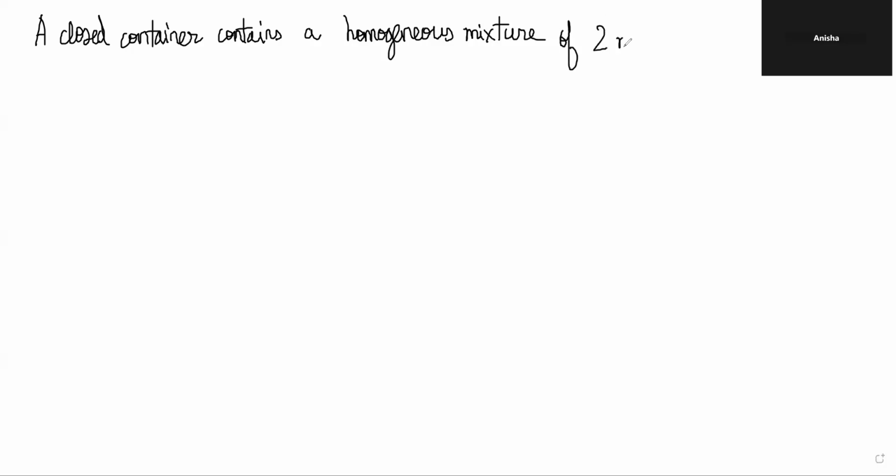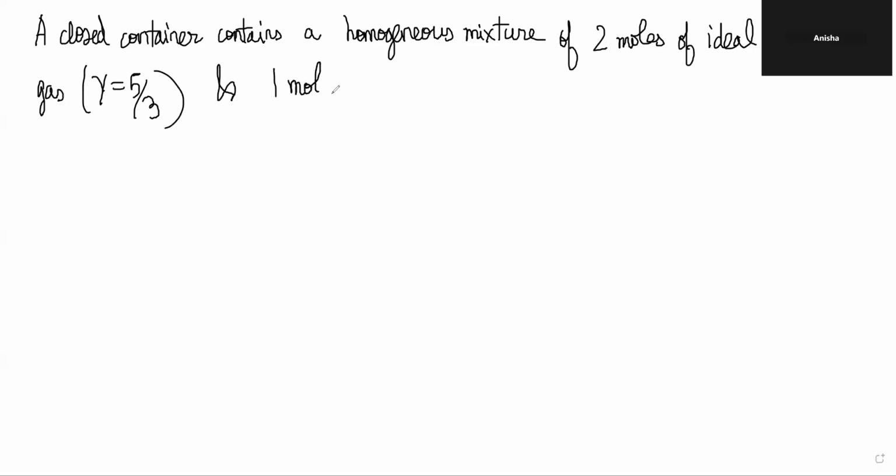A closed container contains a homogeneous mixture of 2 moles of ideal monoatomic gas, gamma 5 by 3, and 1 mole of ideal diatomic gas, gamma is 7 by 5.